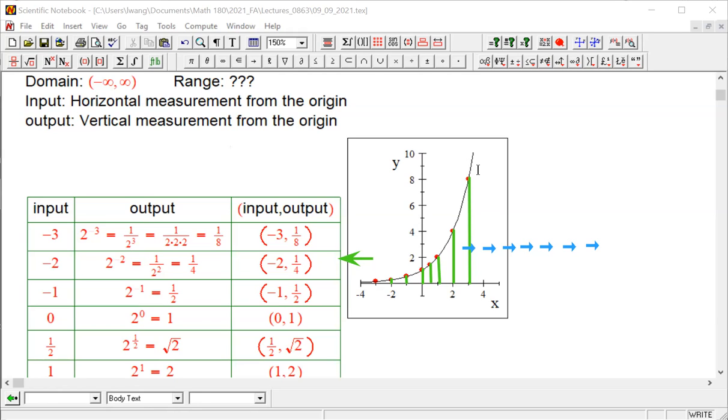For example, here, you're going to say, as your input approaches infinity, the output, the green bar, is getting higher and higher. 2 to the power x is approaching infinity as well.